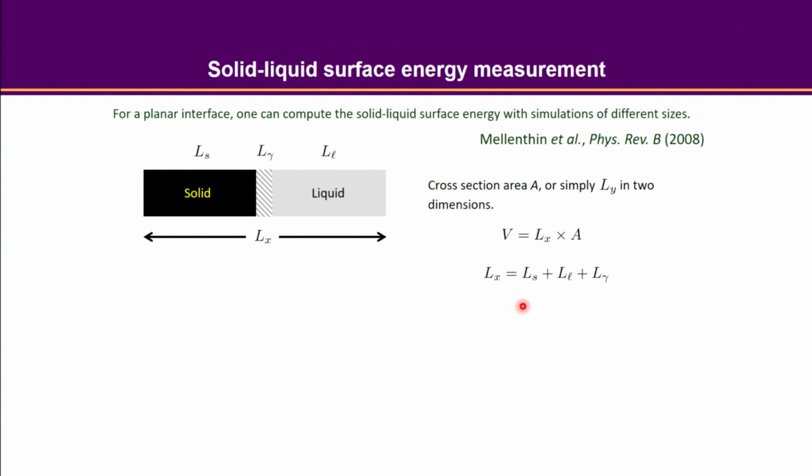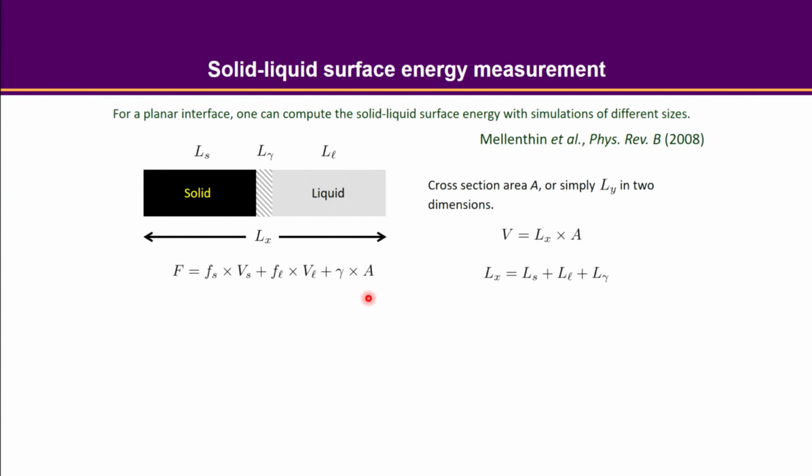So there should be three contributions, because the interface here is not zero. What will be the total energy of this solid, liquid, plus interface? That will be the solid free energy density times the solid volume, the same thing for the liquid, and also a term from the interfacial energy, right?